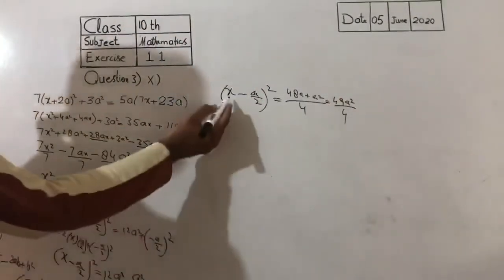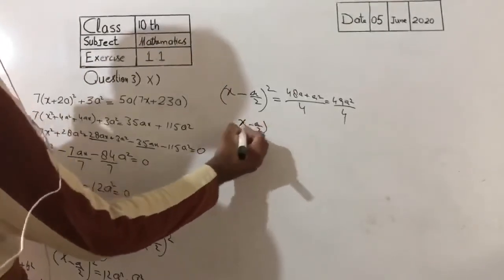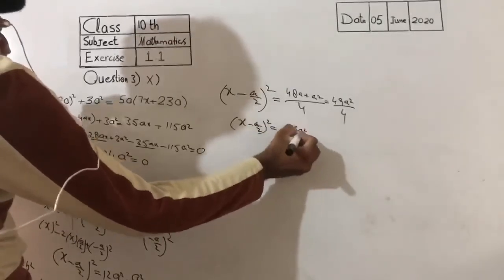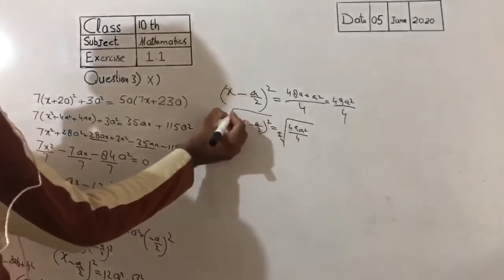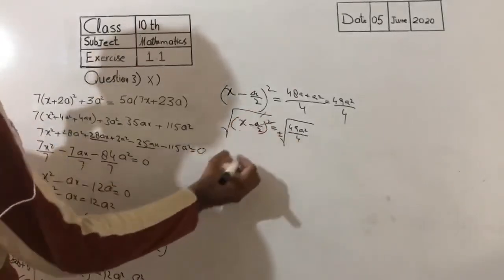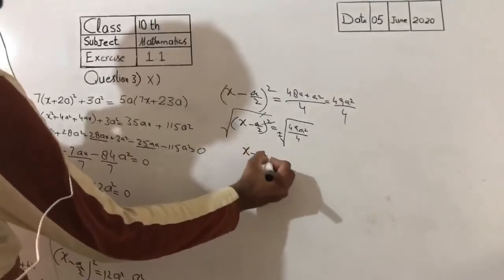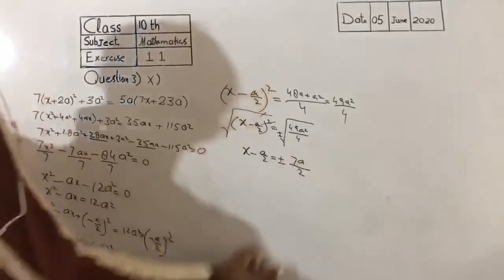But we have to find x minus a over 2. To find x we take square root on both sides of equal. Here we write plus minus, and square cancels out square root, and x minus a over 2 is equal to plus minus 7a over 2.